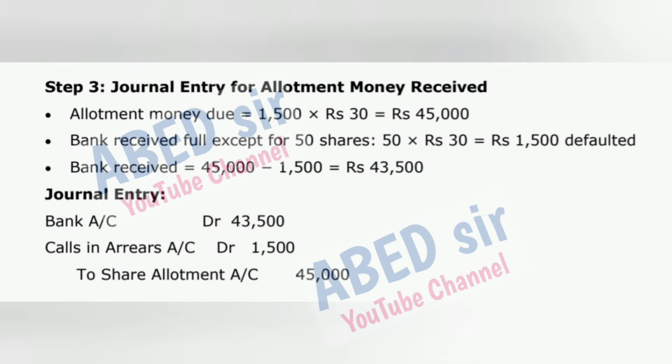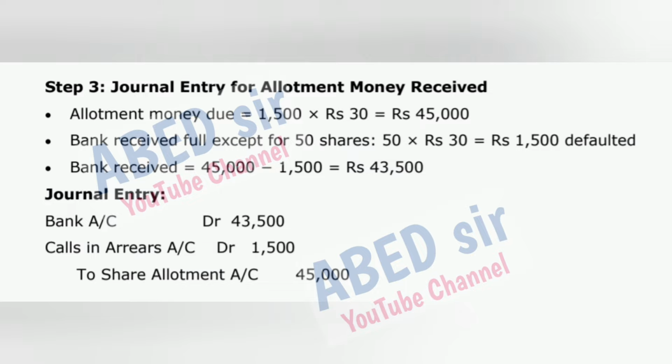Step 3. Journal entry for allotment money received. Allotment money due is 1,500 times 30 rupees, which is 45,000 rupees. Bank received full except for 50 shares. 50 times 30 rupees is 1,500 rupees defaulted.